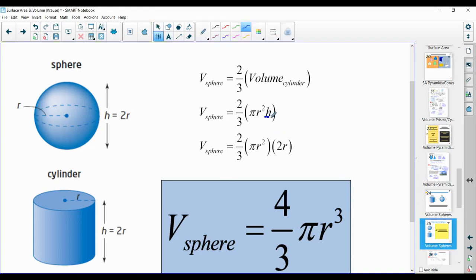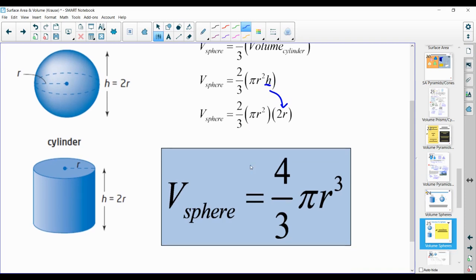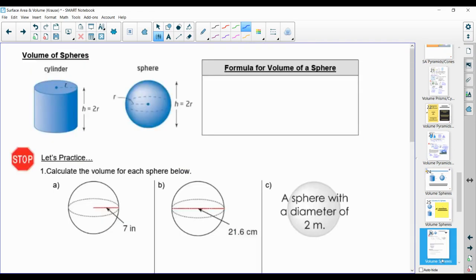So I can replace my height with 2r. Now, using what we know from exponent laws, when I multiply this out, 2 times 2/3 becomes 4/3. Pi is pi, and r squared times r to the 1, remember our exponent rules, 2 plus 1 is 3. So 2/3 of a cylinder is 4/3 pi r cubed, and that's the formula for volume of a sphere. So volume of a sphere is 4/3 pi r cubed.